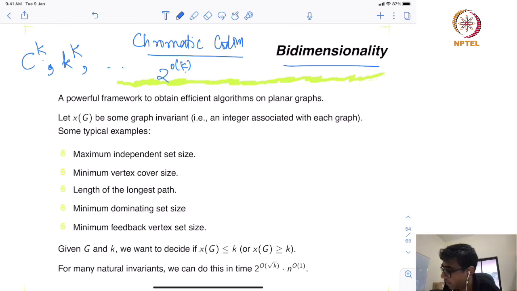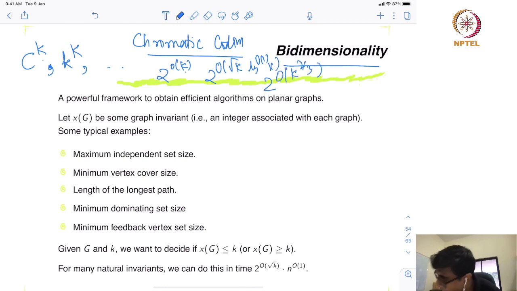What is the meaning of little o of k? It is something like 2 to the power big O of root k log k, or maybe 2 to the power big O of k^(2/3), but not something like little o of k. For example, 2 to the power big O of k by log k is also 2 to the power little o of k. And it is a very powerful framework to obtain efficient algorithms on planar graphs.